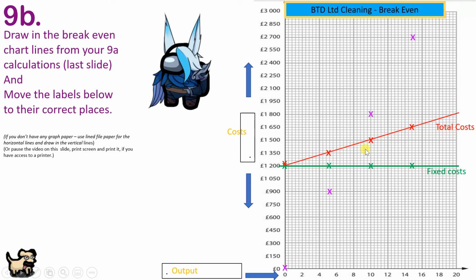And here are the revenue numbers factored in. We've got £900 made after cleaning 5 houses, then £1,800 after cleaning 10 houses and £2,700 after cleaning 15 houses, which gives a revenue line looking like this. And this shows the break-even point here, and that equals 8 houses that need to be cleaned in order to break even.